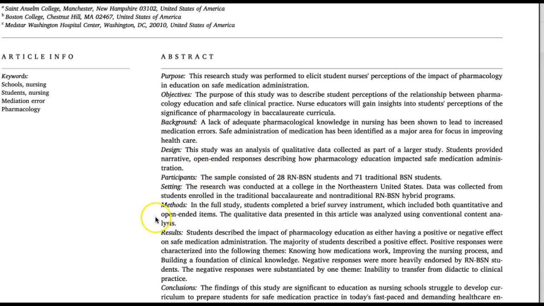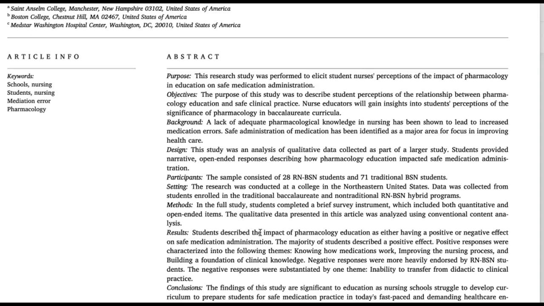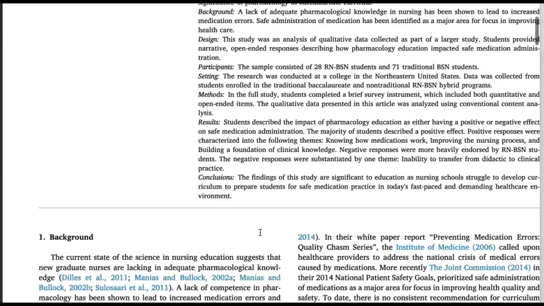So reading that method section, because there are both quantitative and open-ended items, it makes me think it's mixed methods, which is fine for our purposes as well, but a combination of quantitative and qualitative makes a mixed methods study. However, if they only used their quantitative data to tell you about the demographics, then it's still qualitative in nature.